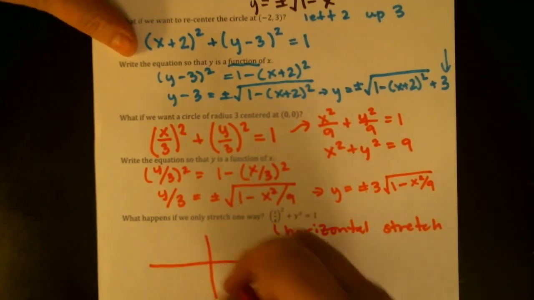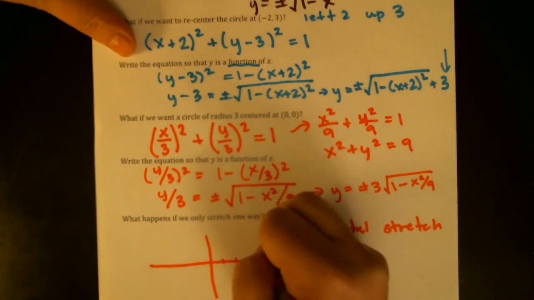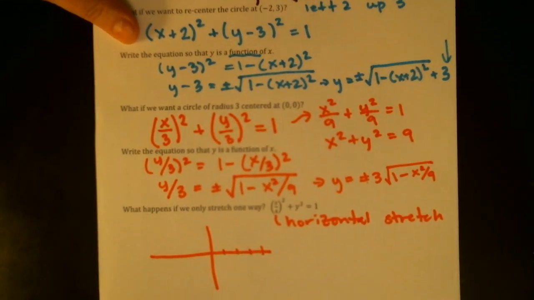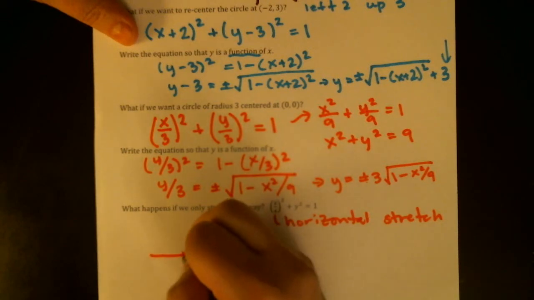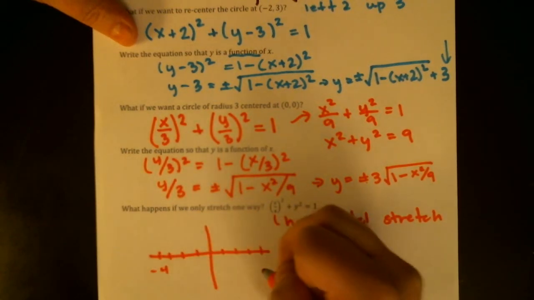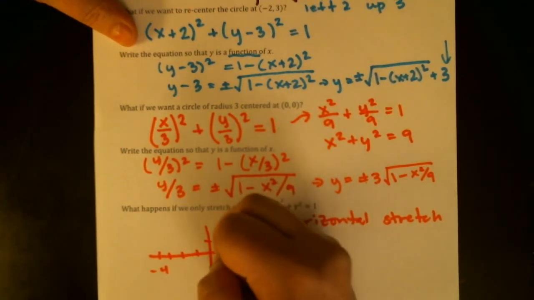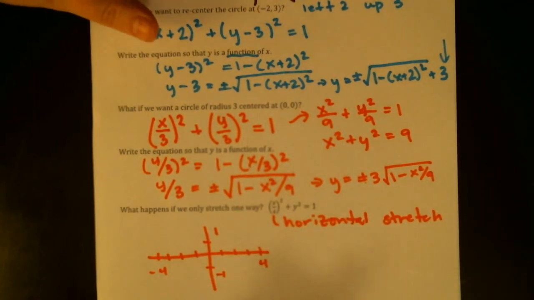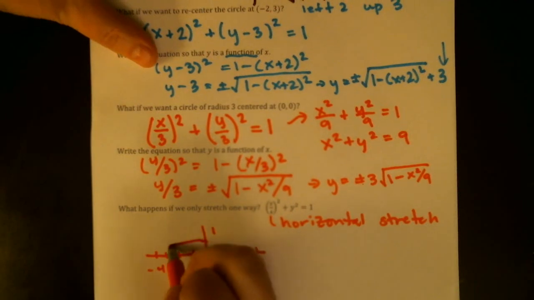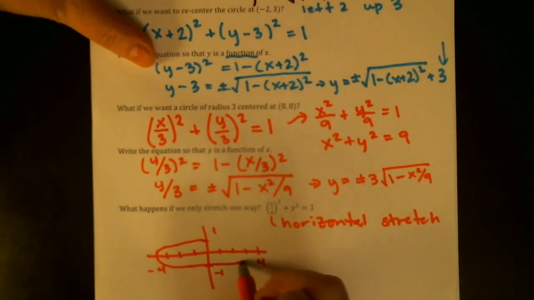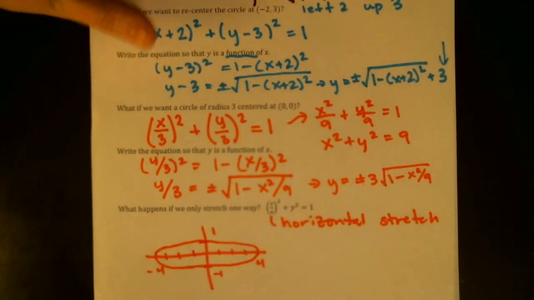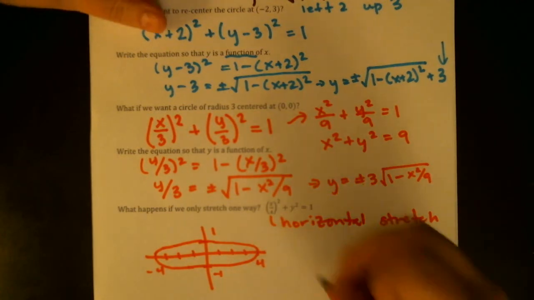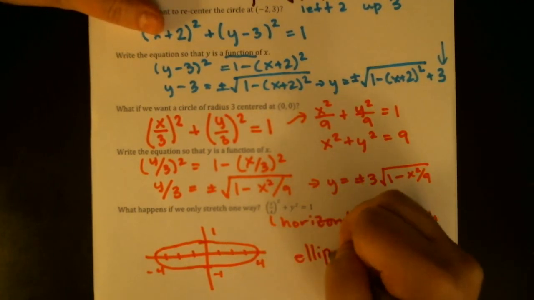So instead of going through 0, 1, it will go through 0, 4. And instead of going through 0, negative 1, it will go through 0, negative 4. We haven't stretched it vertically, so it still goes from negative 1 to 1. So when we connect the dots here, we stretch it out. Oh, that's looking really wobbly. So excuse the fact that mine is a little ugly. What we get is an ellipse.